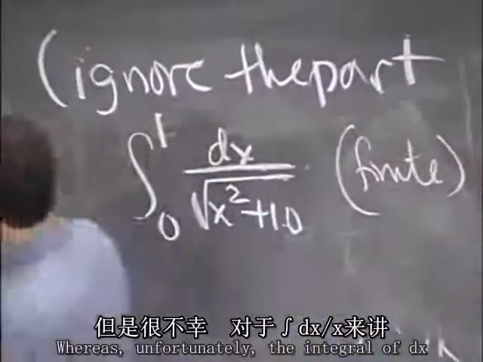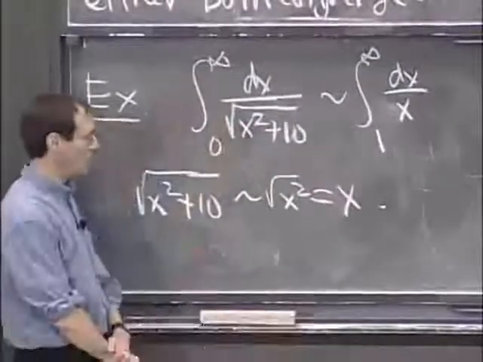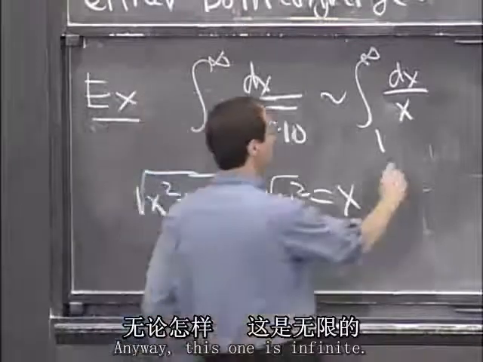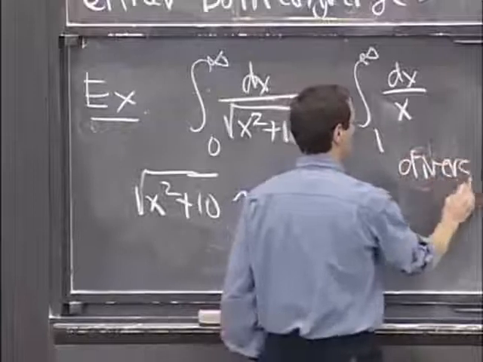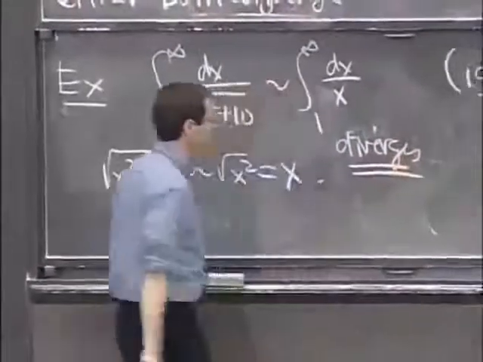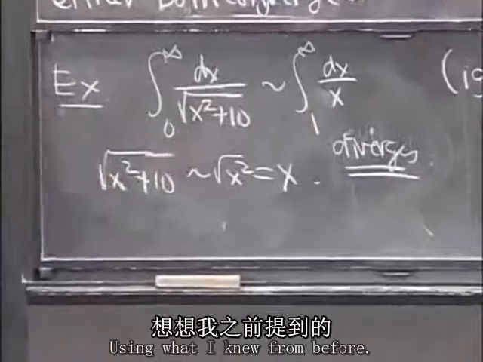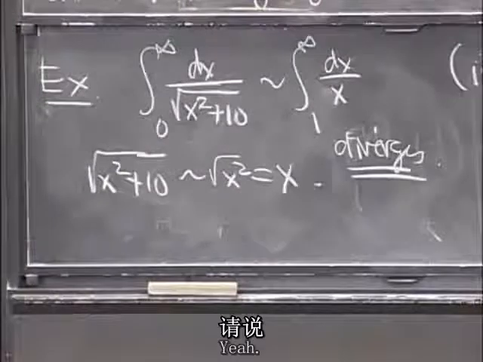Whereas, unfortunately, the integral of dx over x will have a singularity at x equals 0, so we can't make the comparison there. Anyway, this one is infinite, so this is divergent, using what I knew from before.